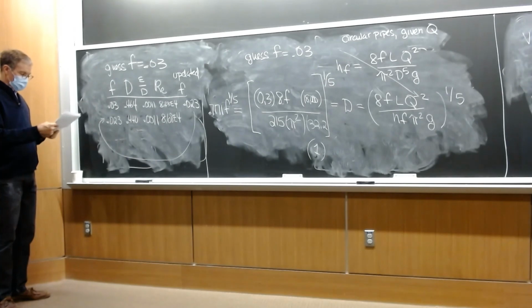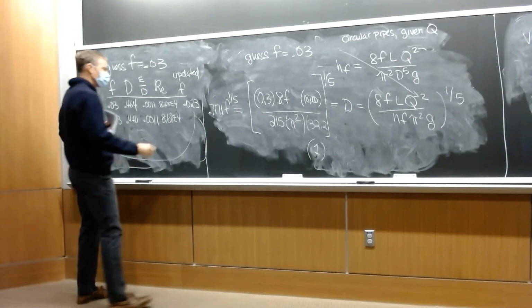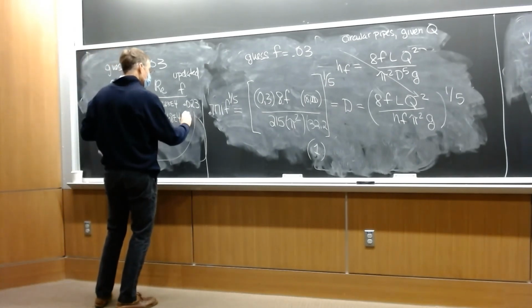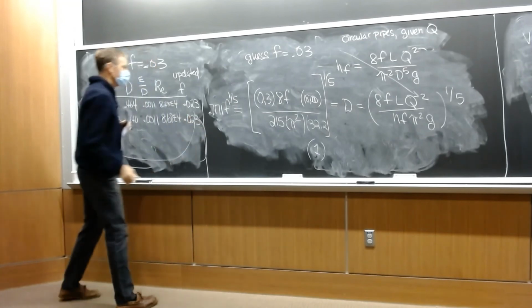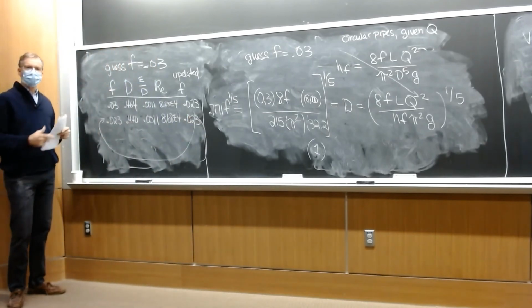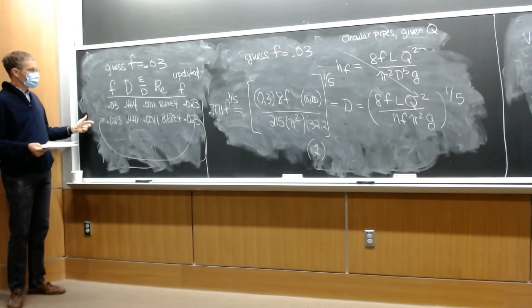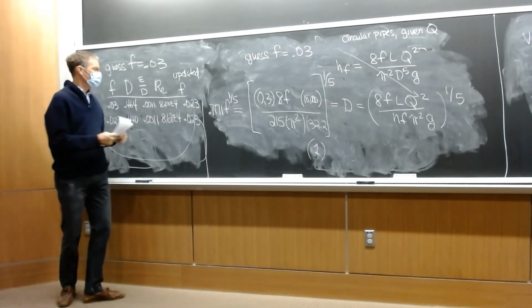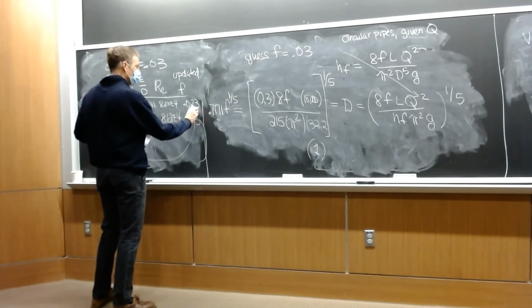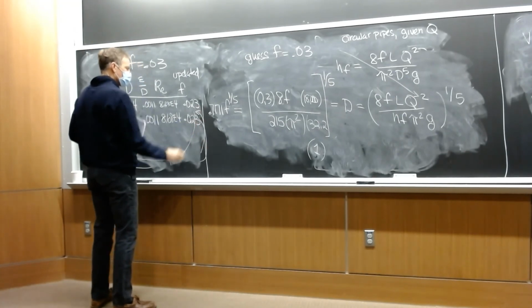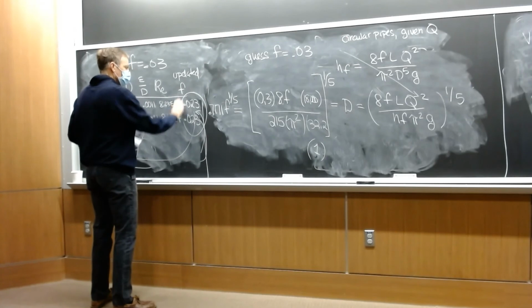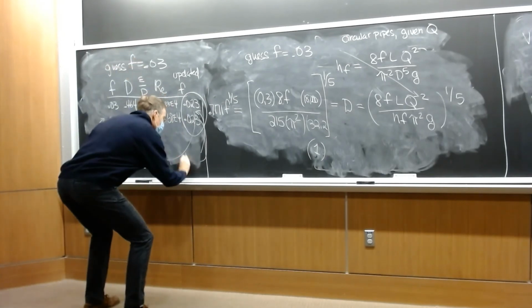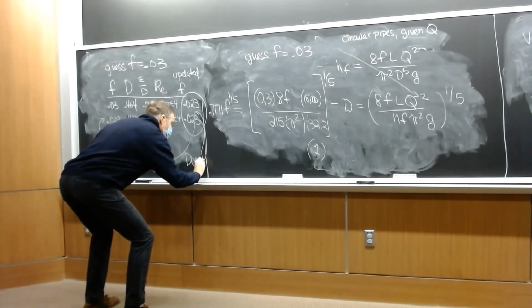And when you go to the Moody diagram a second time, you get the very same value that you had on the previous iteration for F. And since these two are close to one another, we're done.